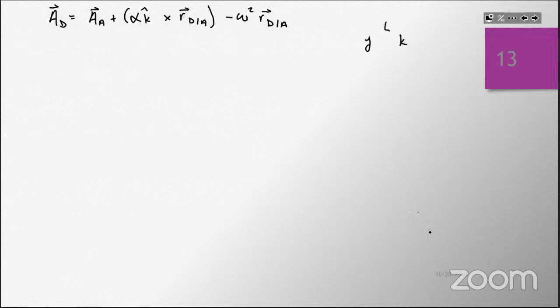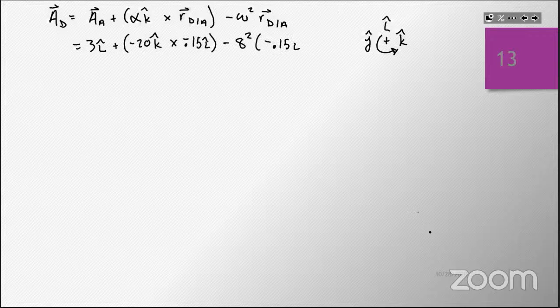Leave this here again. So negative R1 times I is my R of D with respect to A, right? So this is going to be 3I plus, well, alpha is negative 20K cross negative 0.15I minus 8 squared times negative 0.15. I apologize, that's negative.